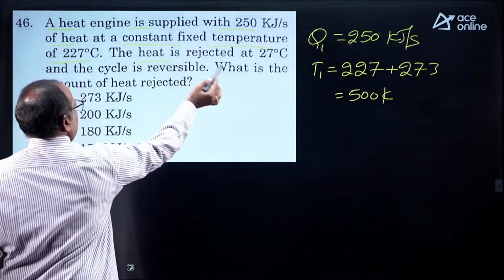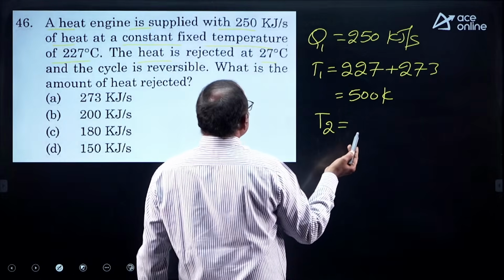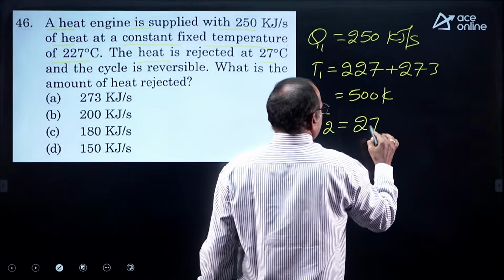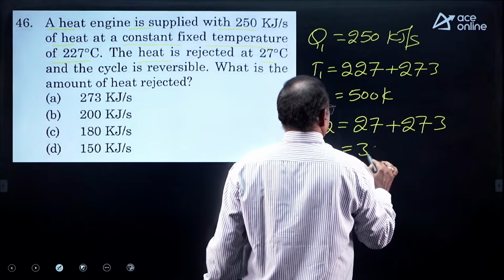The heat is rejected at 27 degrees centigrade; 27 plus 273 gives 300 Kelvin.